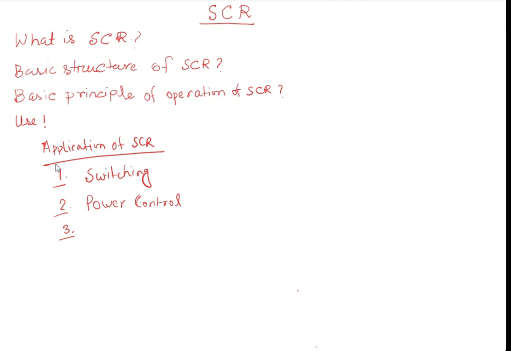Third, in addition to the other two, SCR can be used with UJT, that is unijunction transistor, to generate relaxation oscillation.